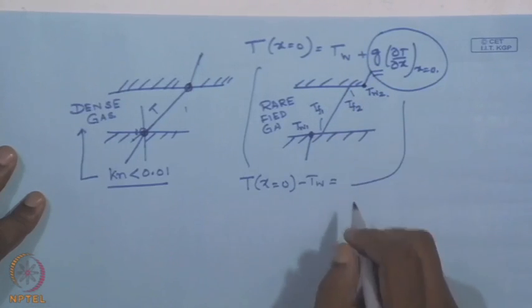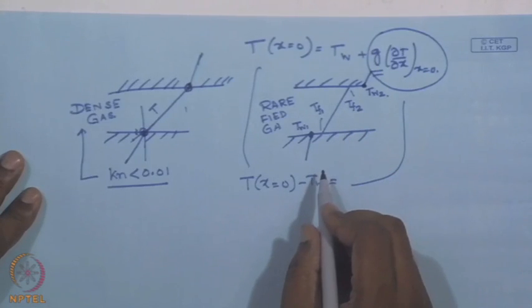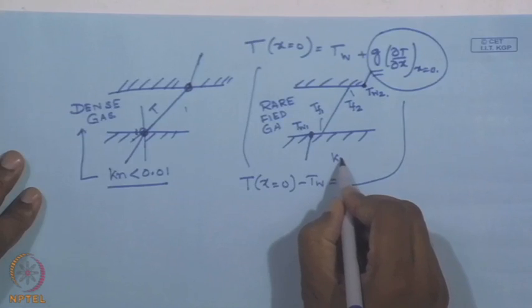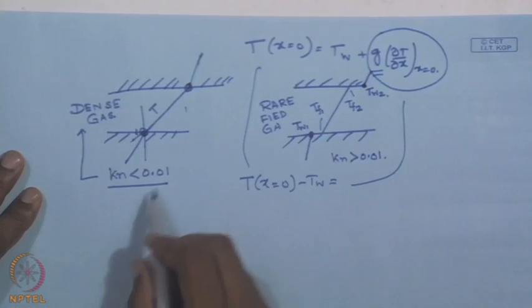Okay. So, this situation is for a rarefied gas where the Knudsen number is greater than 0.01.